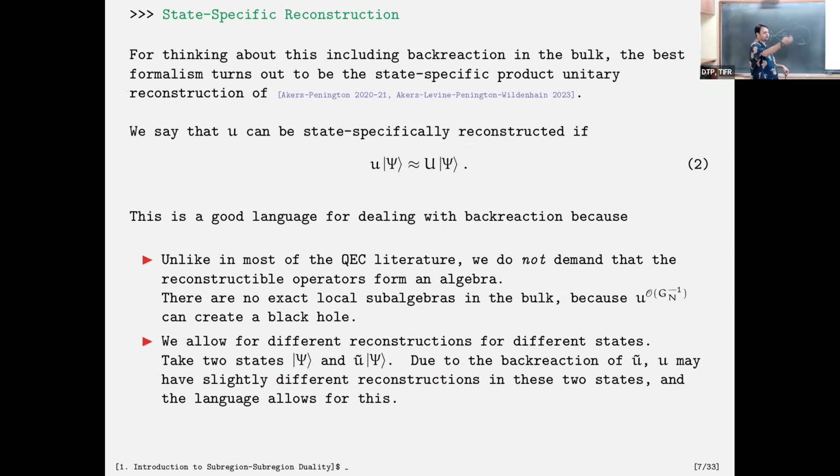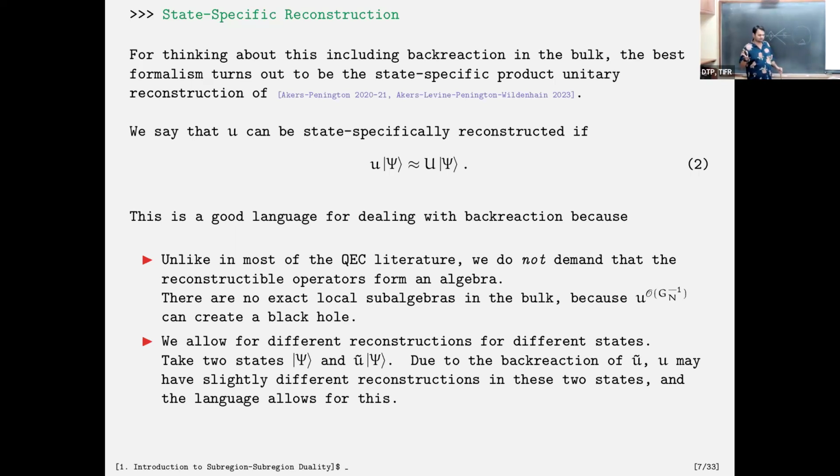If the bulk unitary had order 1 over G Newton energy, then some very drastic thing will happen. And you don't want to deal with drastic things. You're just taking a perturbative change, perturbative in an appropriate sense. It's not like creating a black hole or adding a wormhole. I don't want to deal with all that stuff.